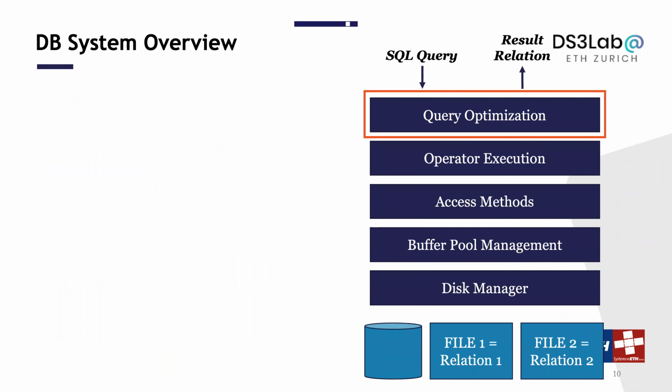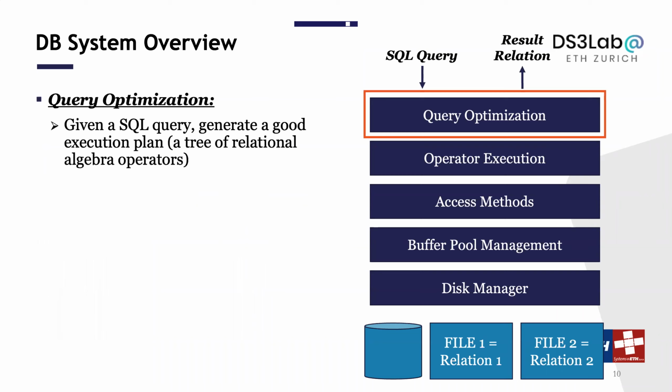So today we are going to put everything together. We are going to talk about the top layer of a database system, that is, the query optimizer. Essentially, given a SQL query, we want to generate a good execution plan. Here, by execution plan, it is essentially a DAG or a tree of relational algebra operators, such that we can use the operator execution layer to really answer the query provided by the user.